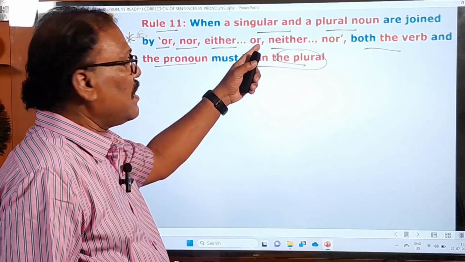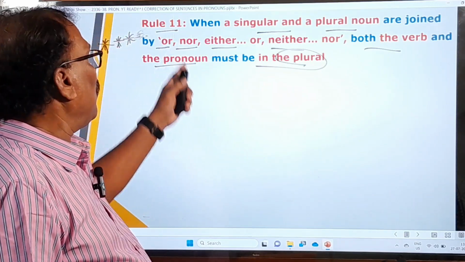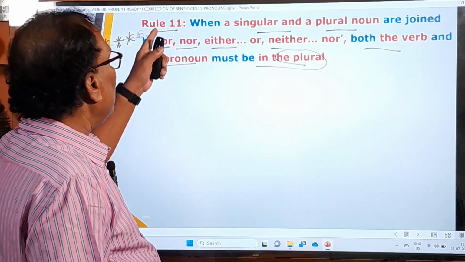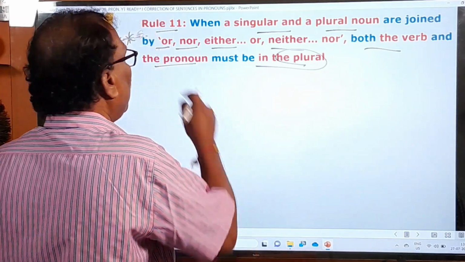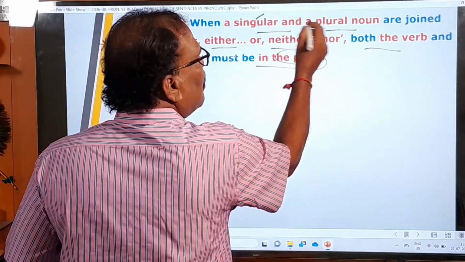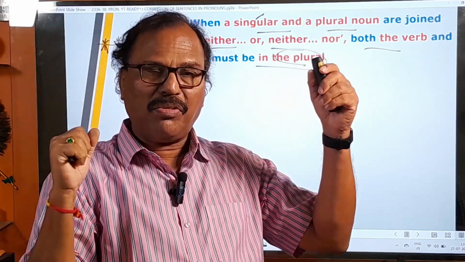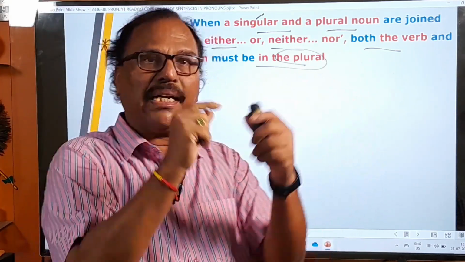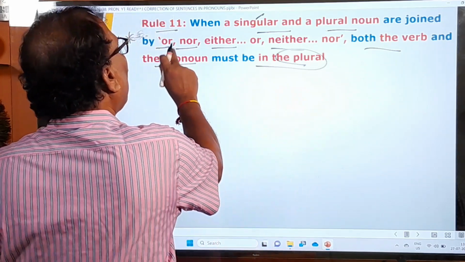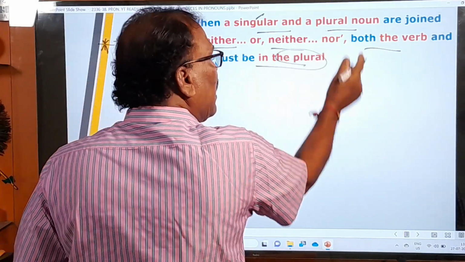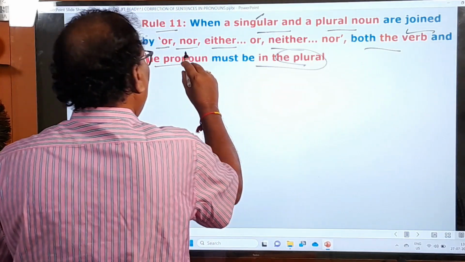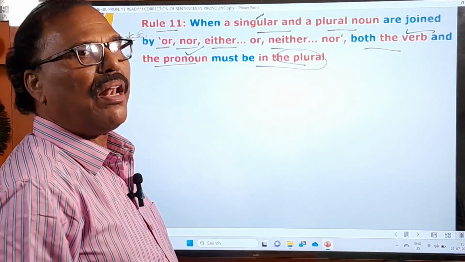In rule number 11, you are connecting a singular noun and a plural noun with or, nor, either or, neither nor. Then the verb must be plural and the pronoun must also be plural.